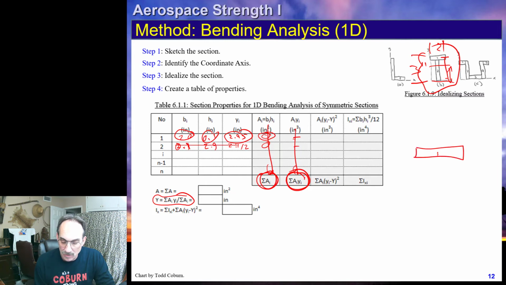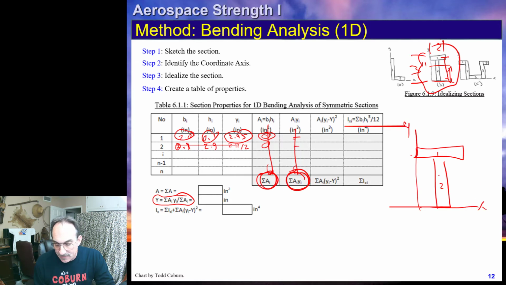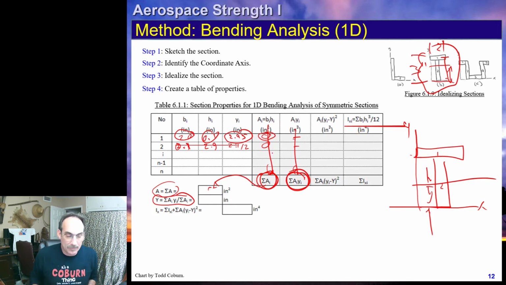Remember, if this was our section that we did, and we called this our coordinate system, then our y bar is going to be defined like this. If we sum this column, that column is actually our area. Great. And now we're ready to start calculating the bending properties. So we'll now take the, let me clean this up a little bit.